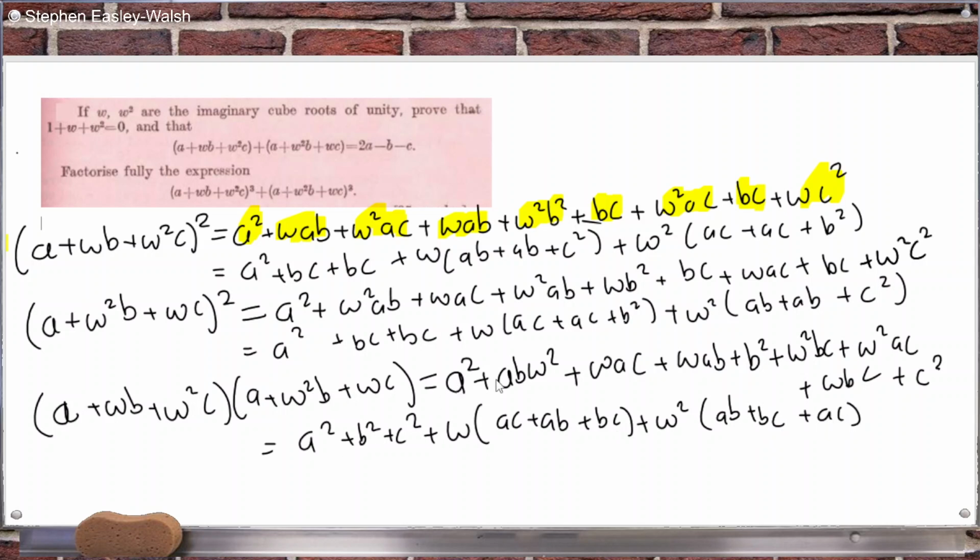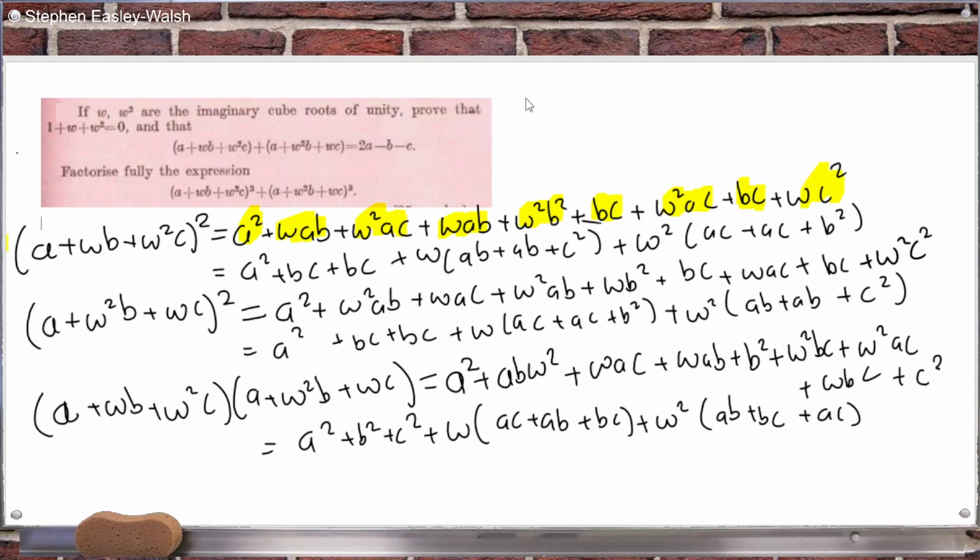Checking: a squared, yep. ab, yep. ac, yep. ab, yep. b squared, yep. bc, yep. ac, yep. bc, yep. And c squared, yep.